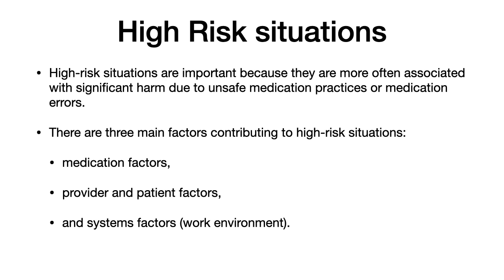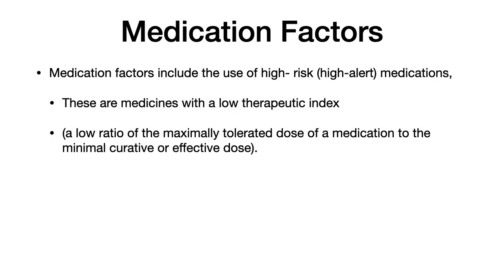There are three main factors contributing to high-risk situations: medication factors, individual factors, which are provider and patient factors, plus system or environmental factors. Medication factors include the use of high-risk or what we call high-alert medications.